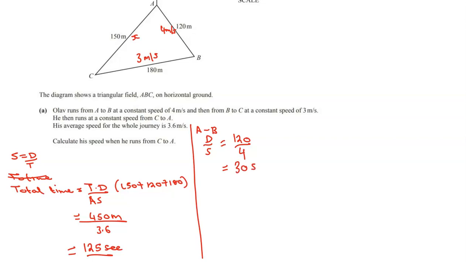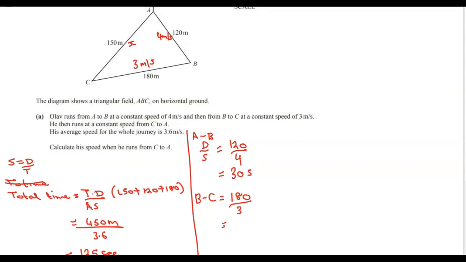Again, from B to C, the time taken is the distance, 180, divided by the speed, which is 3, which gives us 60 seconds. So the time taken for the two distances is 60 plus 30, which gives us 90 seconds.